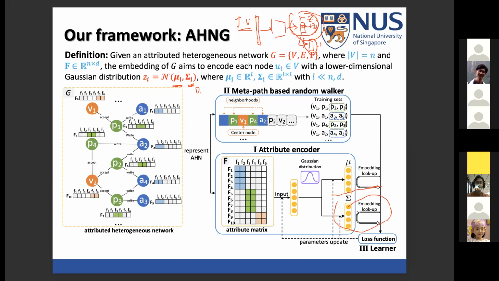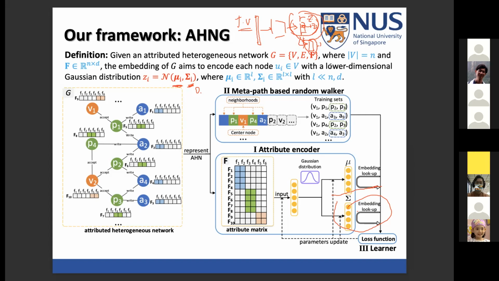Yeah, but in other following tasks, it's not easy to use mu and sigma simultaneously to run, right? So maybe can I summarize on this picture, on this slide here?